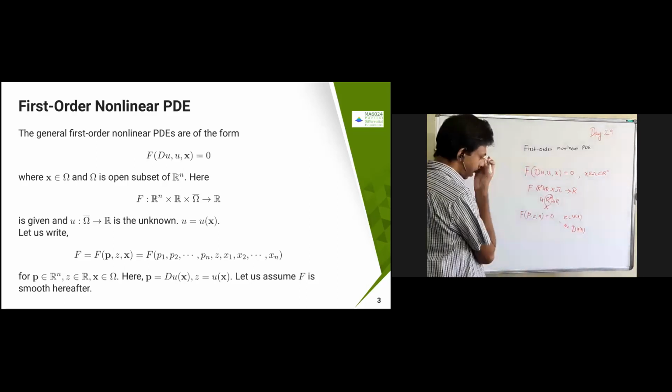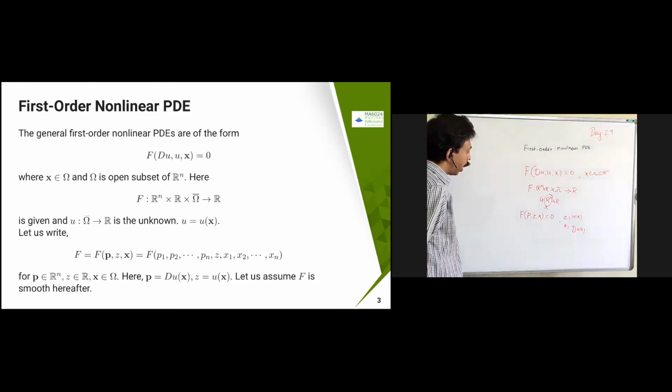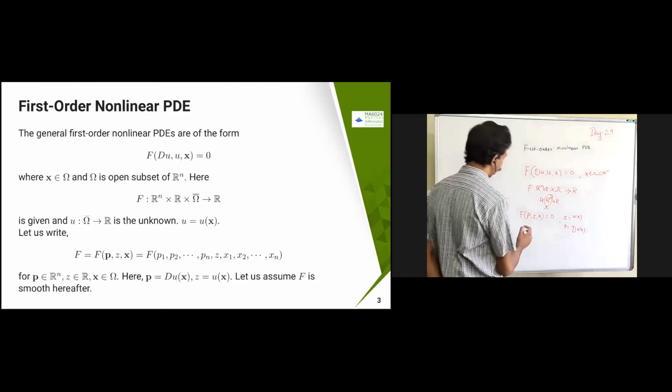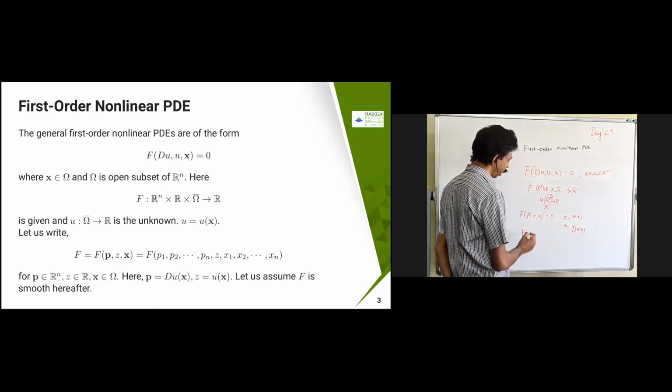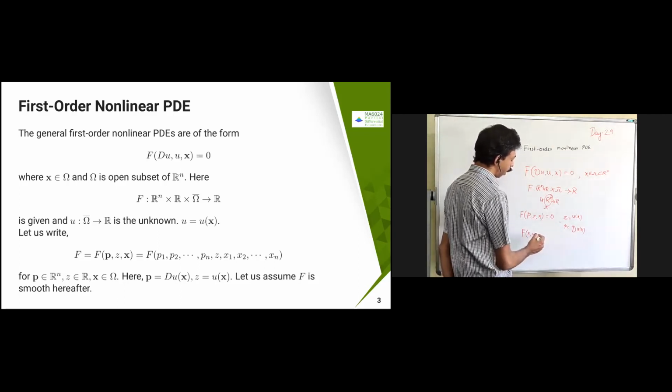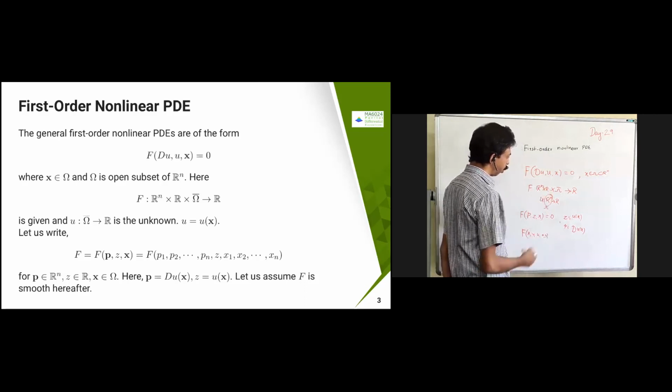For example, in the two-dimensional case, I can write this as F of... there are different notations available. For example, I can put it this way: x comma y comma u comma a comma b. The function will vary; instead of R^n, it will be different.